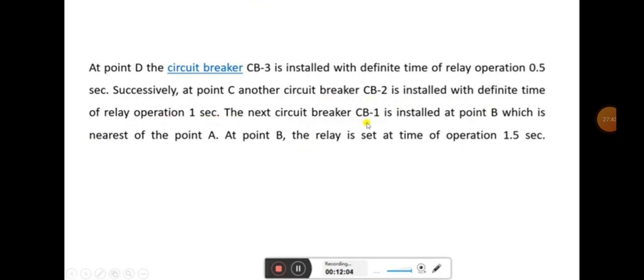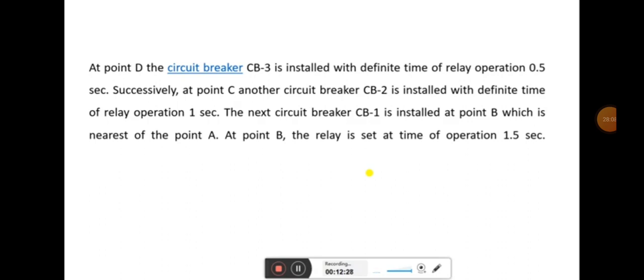Next, circuit breaker CB1 is installed at point B, which is nearest to point A. At point B, the relay is set at a time of operation of 1.5 seconds. This is the same thing I described in the previous slide.